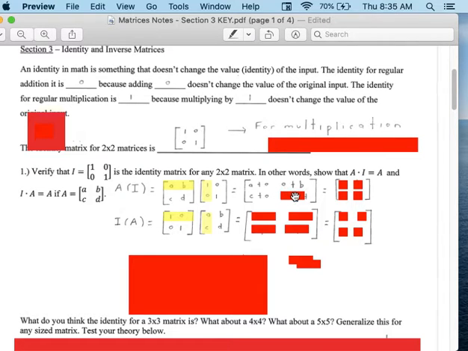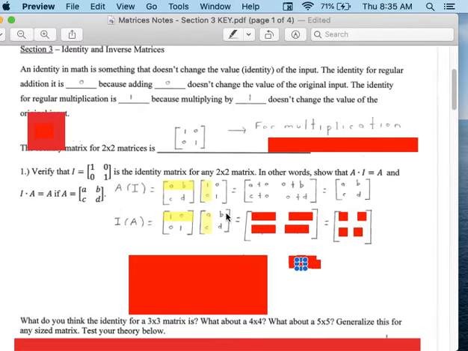And then the last box down here would be C times 0 and D times 1 for 0 plus D. And so when I simplify that, I'm straight back to what I started with, A, B, C, and D. So again, that was multiplying any 2 by 2 matrix times 1, 0, 0, 1. I get exactly what I had.